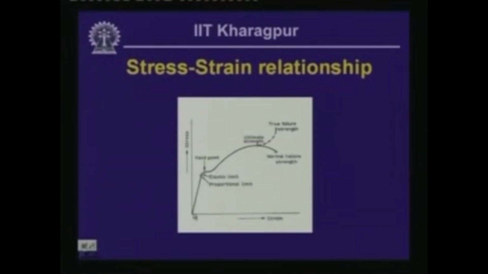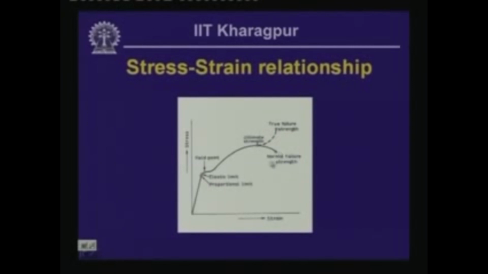If we apply load gradually up to the elastic limit and then release, the member comes back to its original position, but if we keep on applying the load, it reaches the maximum stress and then fails at a lower value.